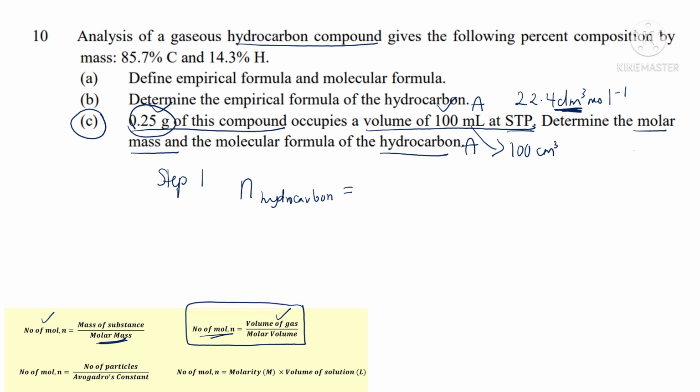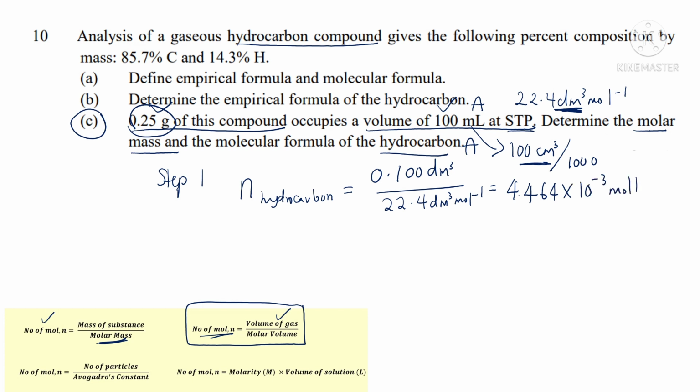And to change cm³ to dm³, it needs to be divided by 1000. That gives us the volume of the gas equal to 0.100 dm³, divided by the molar volume at STP, 22.4 dm³ per mole. That should give us 4.464 times 10 to the power of -3 mole of hydrocarbon.